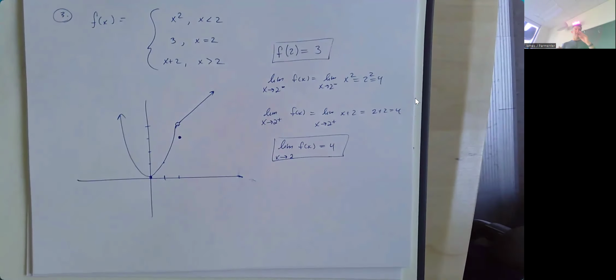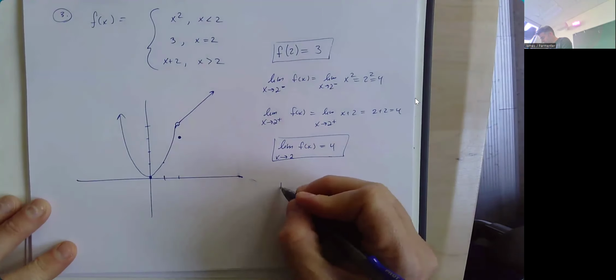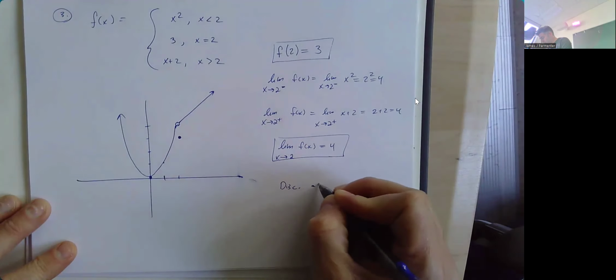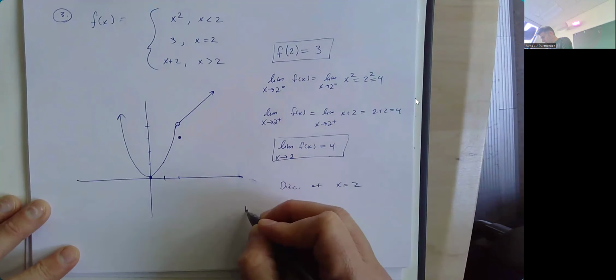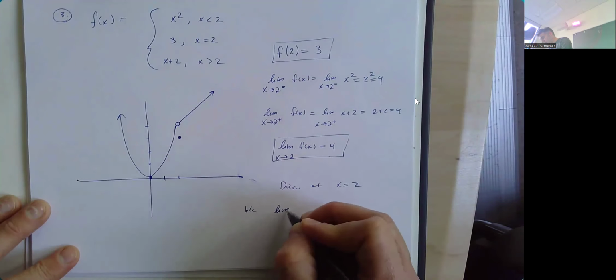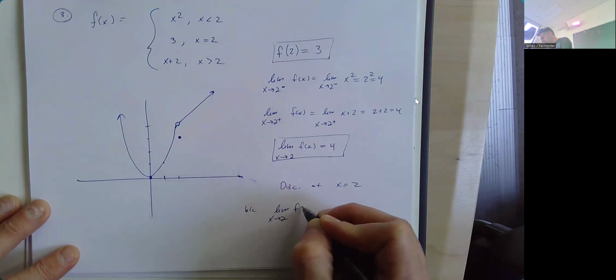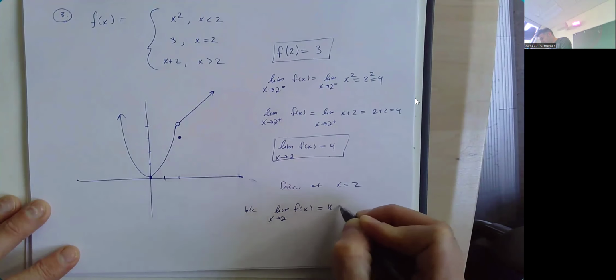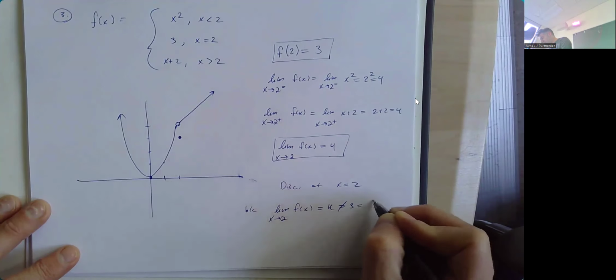But the limit and the function don't have the same value. So this function is discontinuous at x equals 2 because the limit as x approaches 2 of f of x does not equal f at 2.